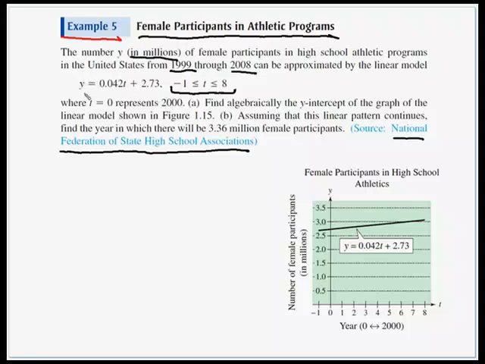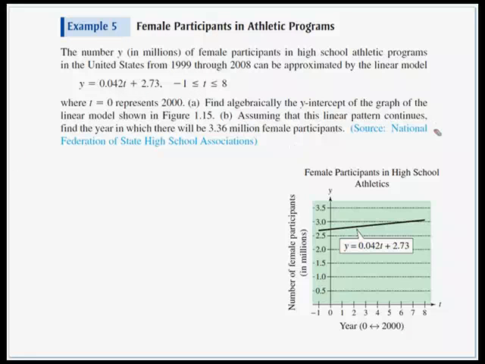This is a real model that some mathematician or scientist crunched a bunch of numbers and worked out, and came up with this relationship between time and the number of female participants in athletic programs. So this is real-world data that you can get right from that National Federation of High School Associations. Where t equals 0 represents the year 2000. Time 0 is 2000. We would go to -1, and that would take us back to 1999.